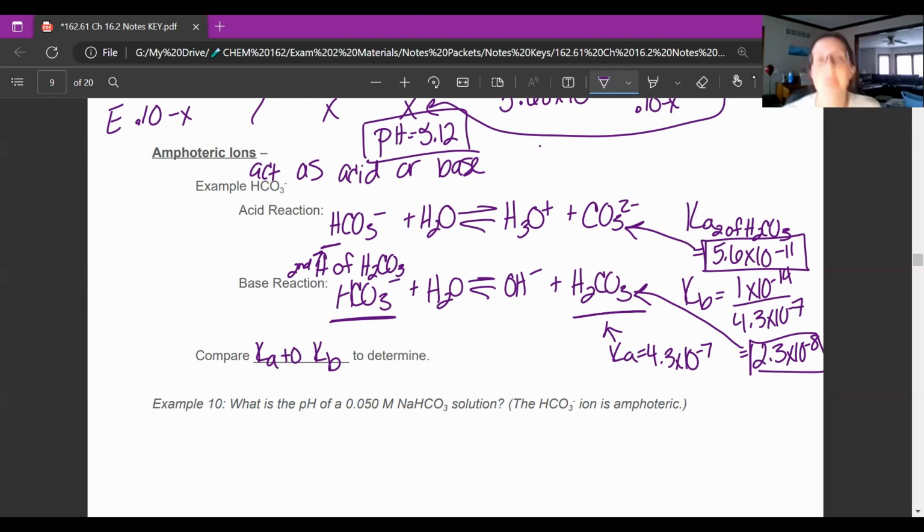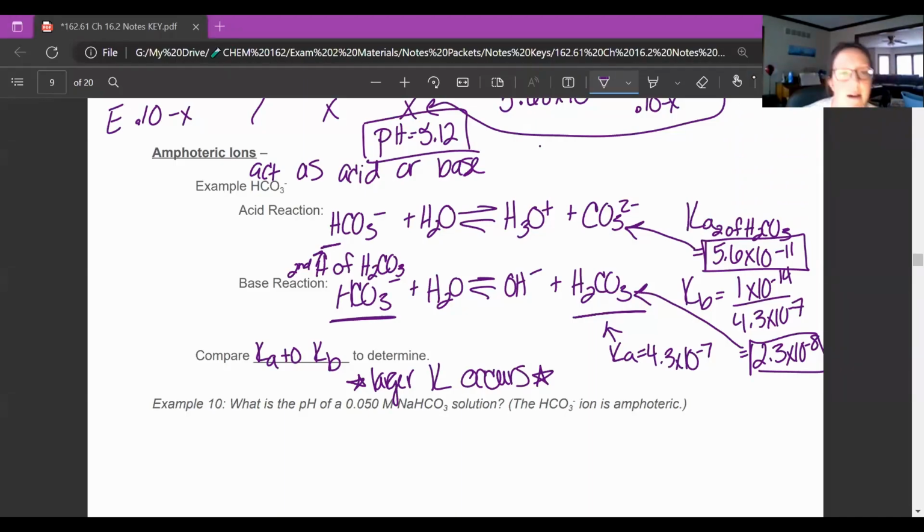Well, if you remember, a larger K means it is more likely to go in the forward direction. So the larger K is the one that occurs more, and that's the one you want to go by. So a larger K is, you can kind of think of it as the winner. That's the one that's going to occur. Larger K occurs. Okay, so we're going to apply this here in a problem.